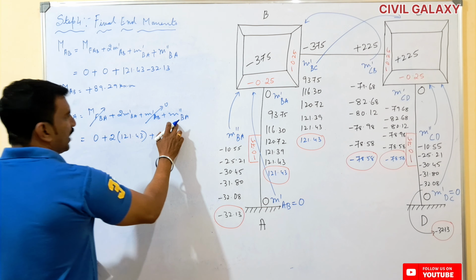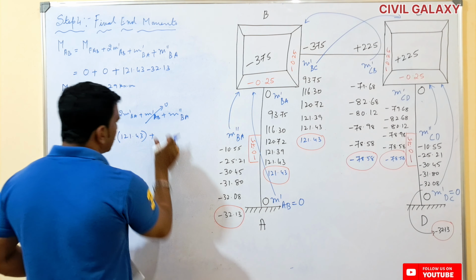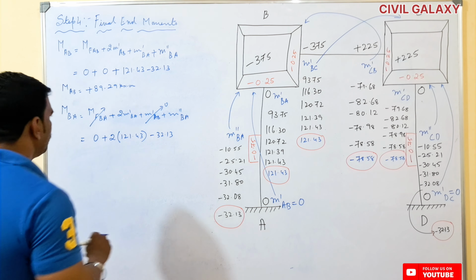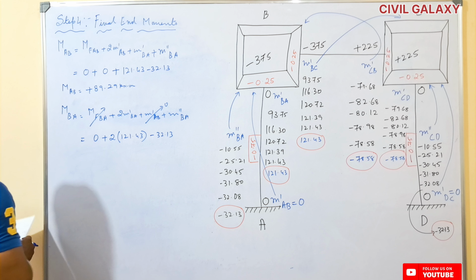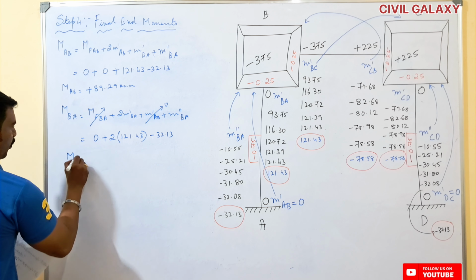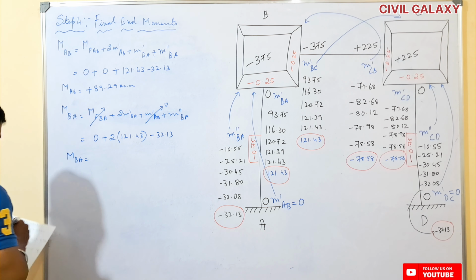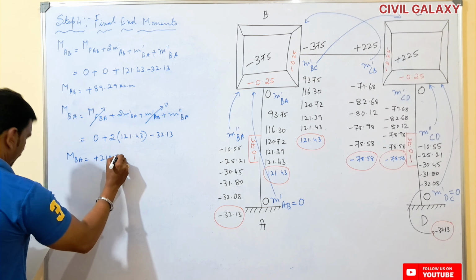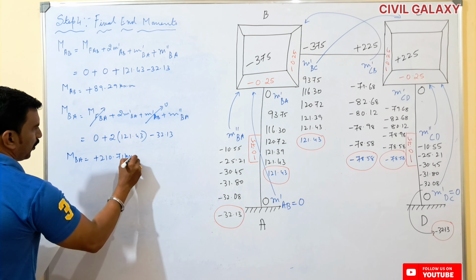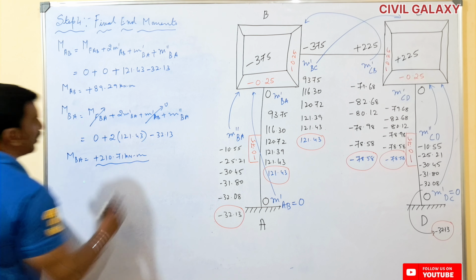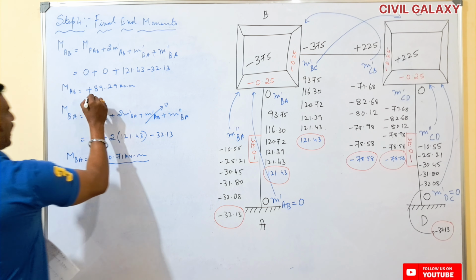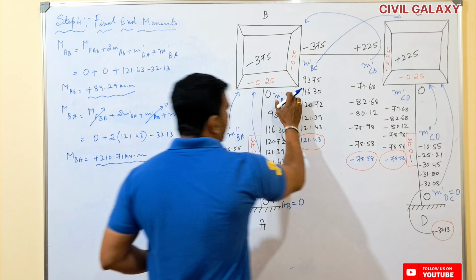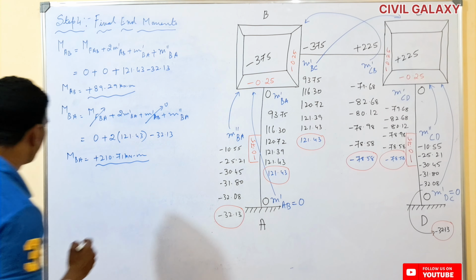Also we are getting M double dash BA, it is minus 32.13. So if we calculate this, we get a value of moment about B to A is plus 210.71 kilonewton meters.